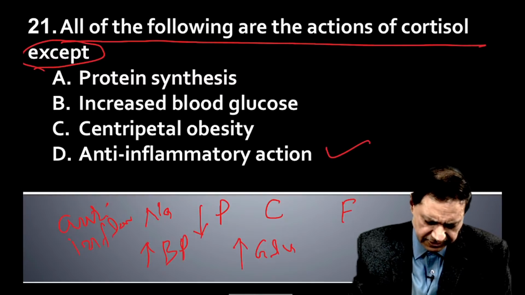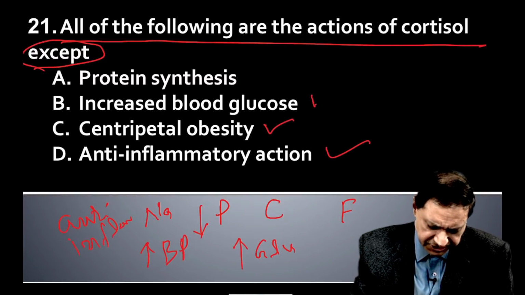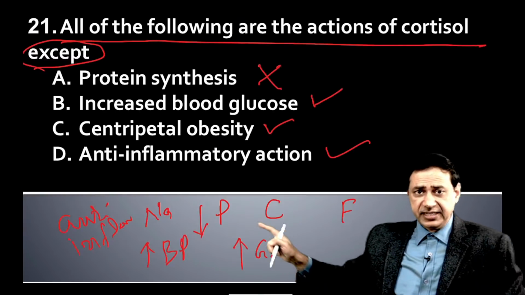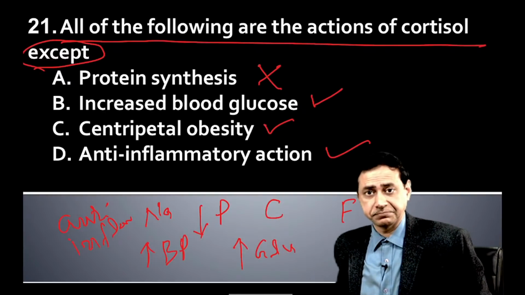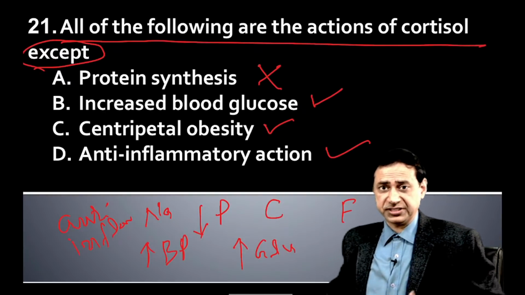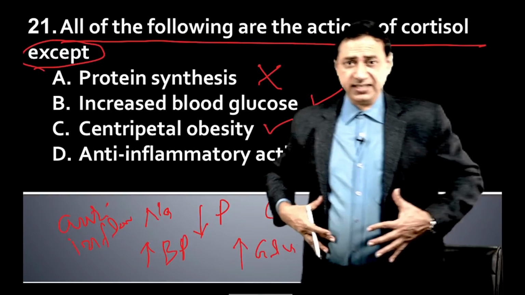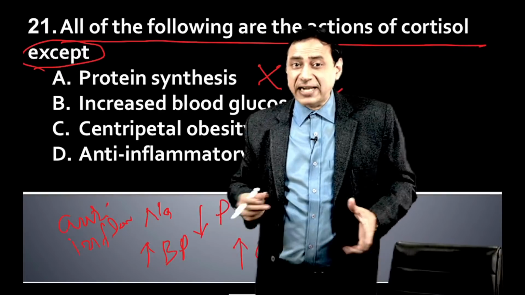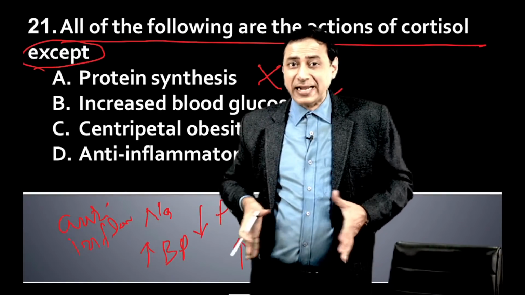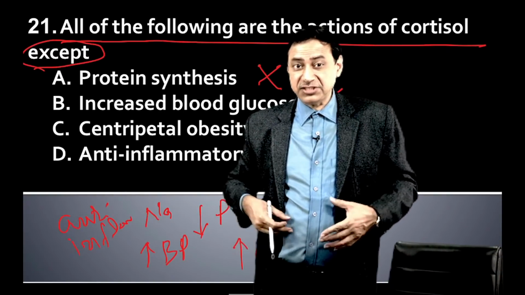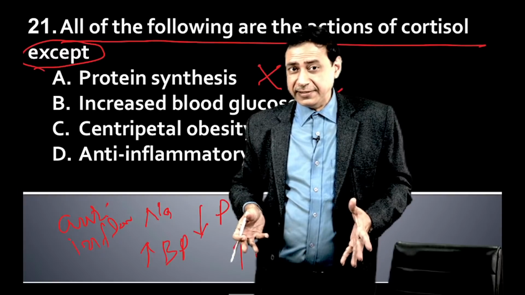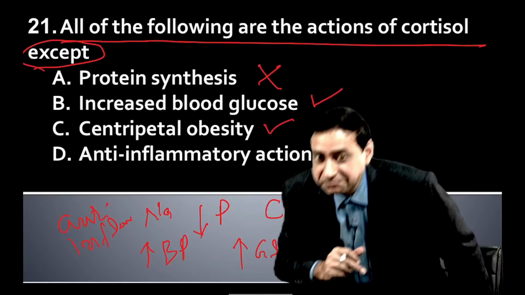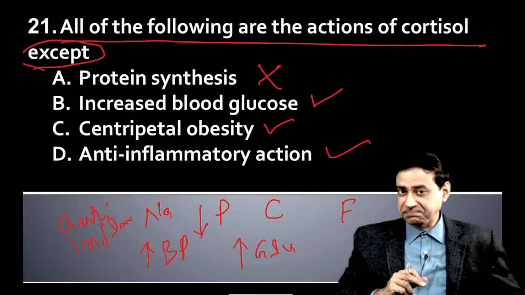So this is fine, centripetal obesity, fine, increased blood glucose, fine, protein synthesis, no. It will lyse protein. Protein is lysed, abdomen is enlarged, and protein is lysed. That is why you will see purple stria on the skin, stretch marks on the skin. Protein is lysed in bones also. So weak bones.